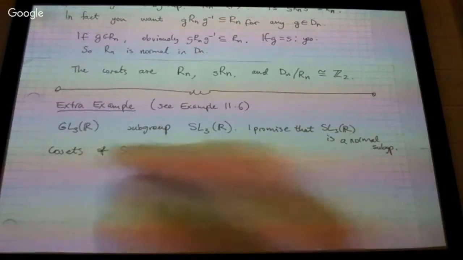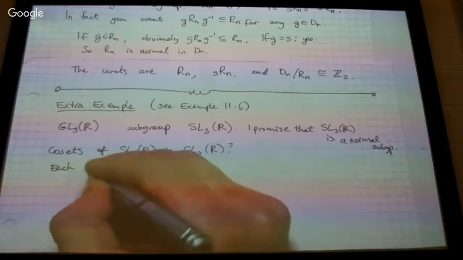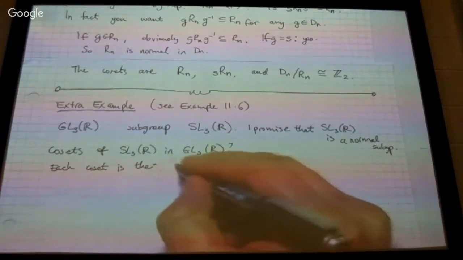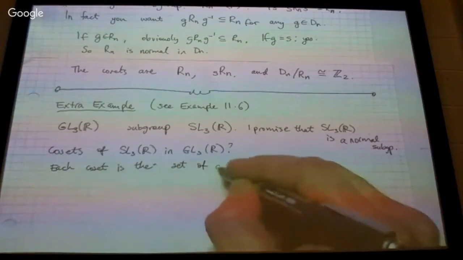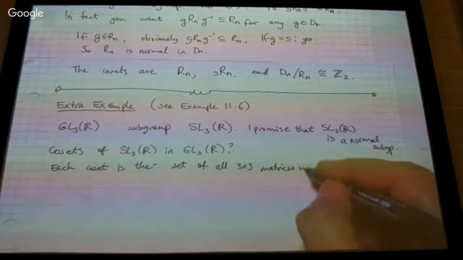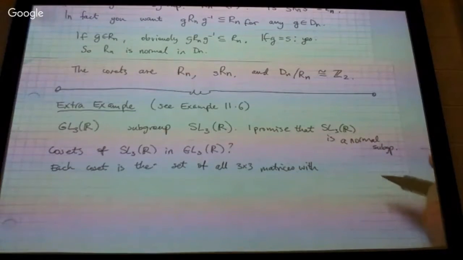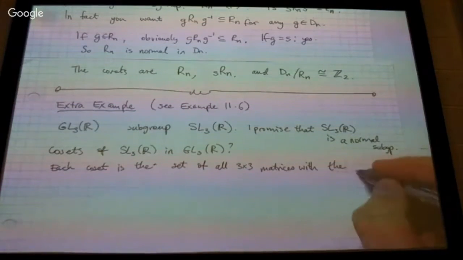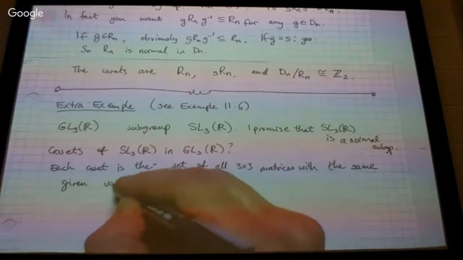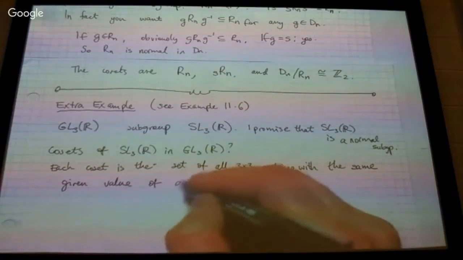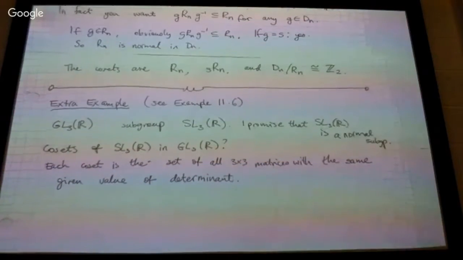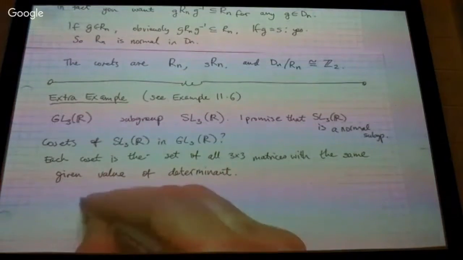So each coset is the set of all 3 by 3 matrices with the same given value of determinant.